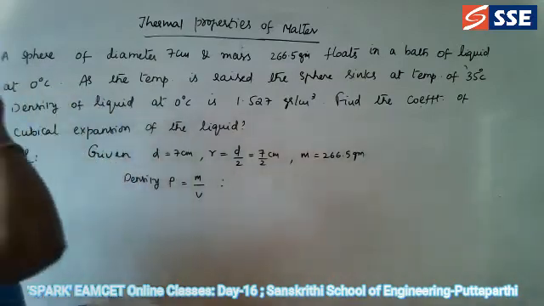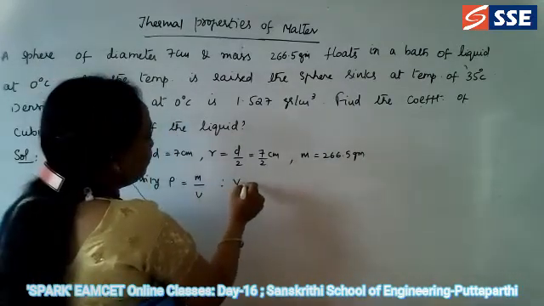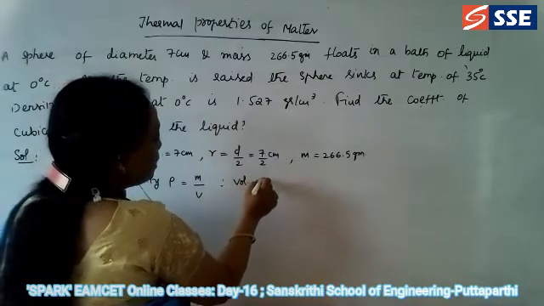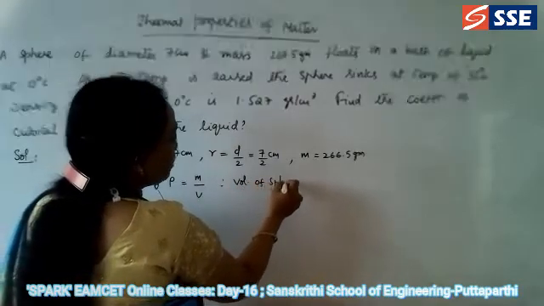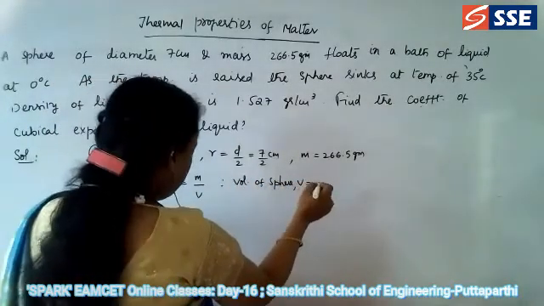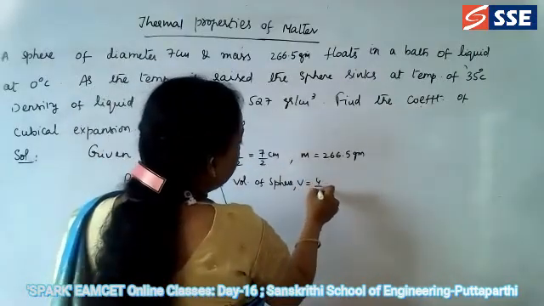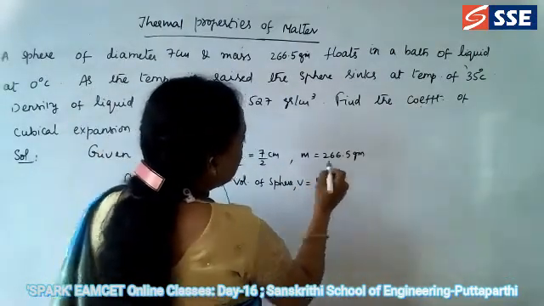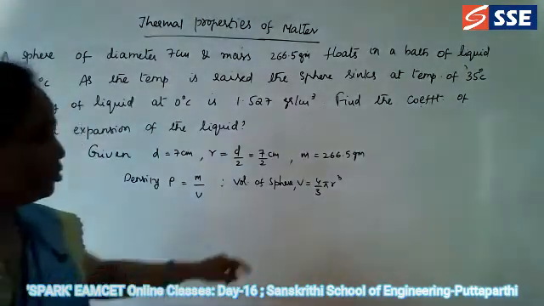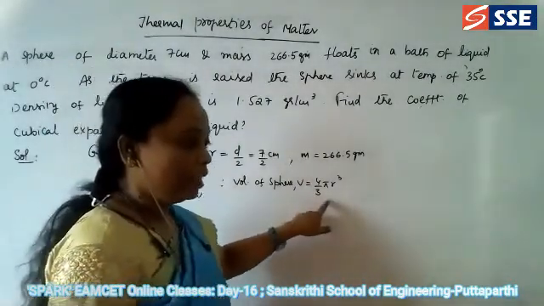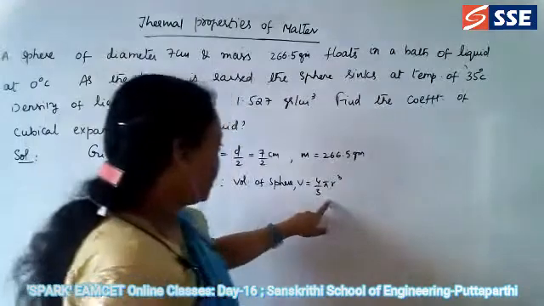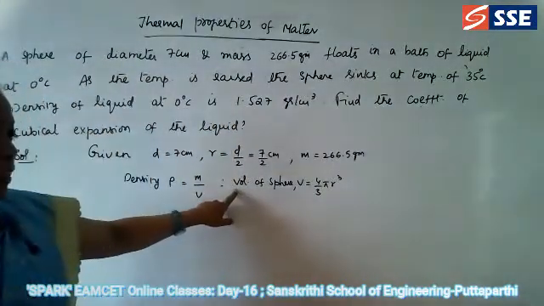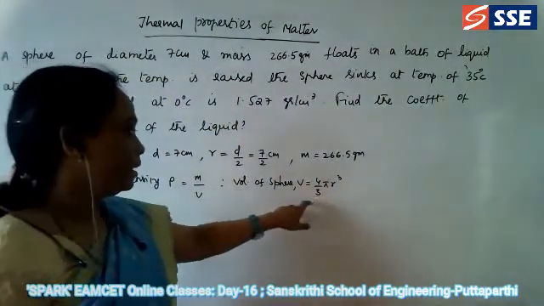What is the volume of a sphere? The volume of a sphere is 4 by 3 pi r cube. So here we get the radius.